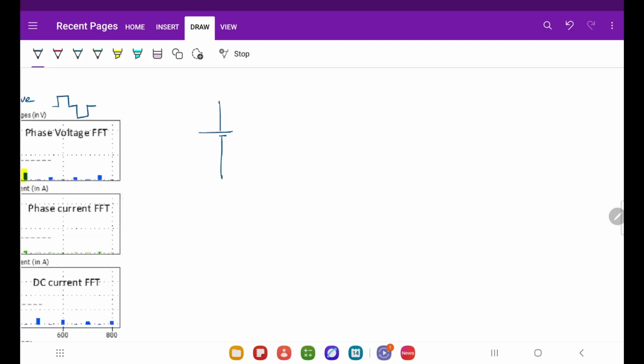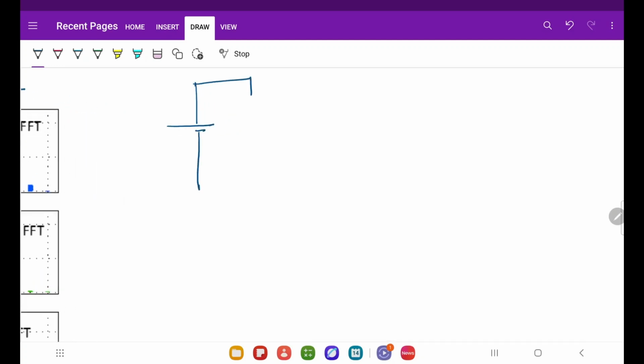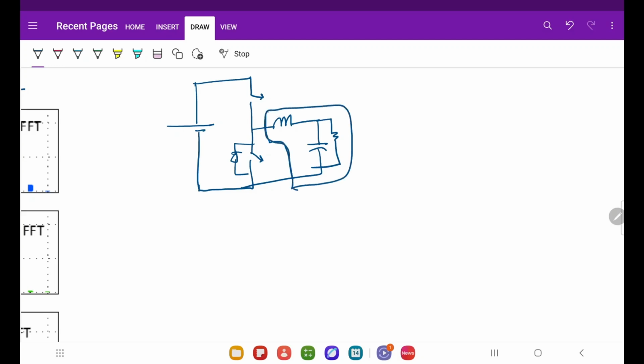So in a buck converter, let's say this is a standard buck converter like this. Actually this switch is nothing but a diode, but let's also represent it like a switch. Then there is L, C and R, right? So let me consider this whole thing as the load, okay? Now this is my point A, this is O, this is VDC.